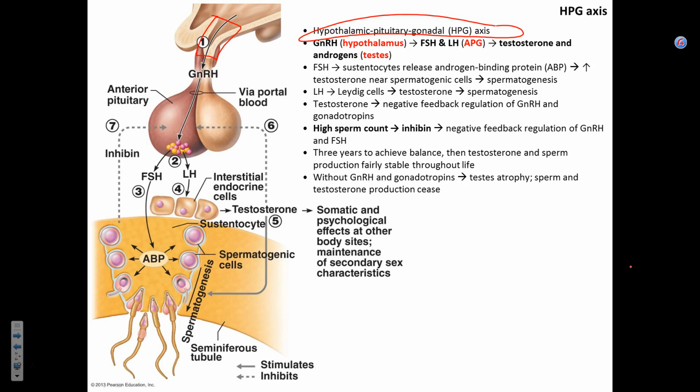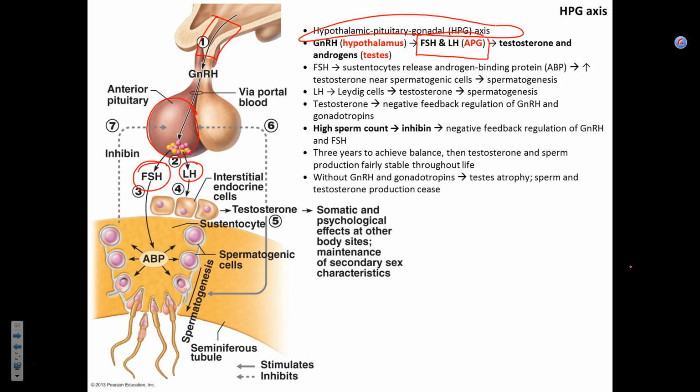It enters the primary plexus, delivered by the hypothalamic-hypophyseal portal system to the anterior pituitary, where GnRH stimulates release of 2 gonadotropins, follicle-stimulating hormone and luteinizing hormone.